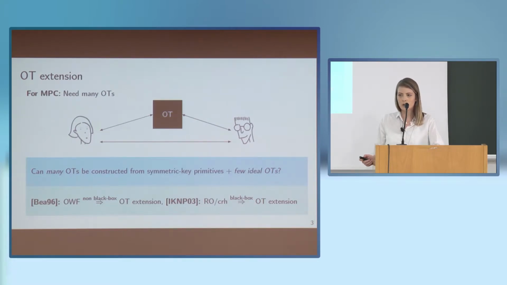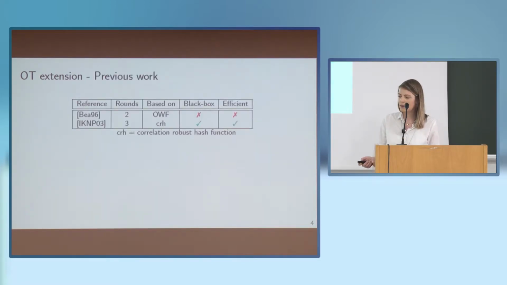So the OTs you actually use the other way around, and this inherently needs you to add a third round, because the last message in OT always has to go from the sender to the receiver for it to make sense. And you get it from random oracles, but you can also use a so-called correlation robust hash function to instantiate it, and I'll talk a bit more about this later.